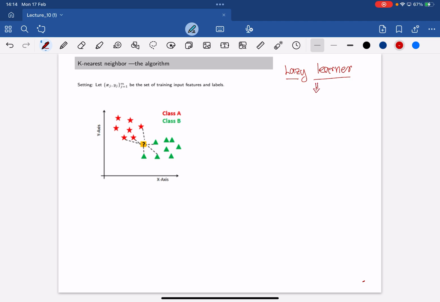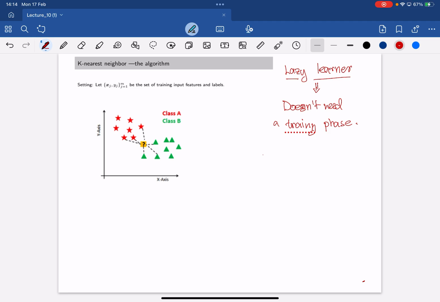But just to give you a heads up, it doesn't need a training phase. What it means is that it doesn't require you to learn model parameters.